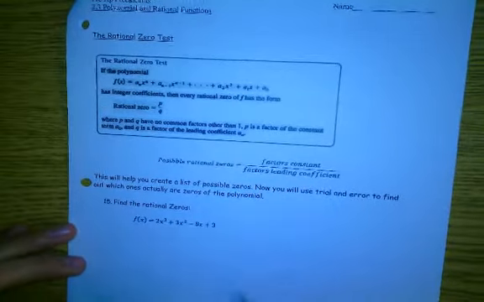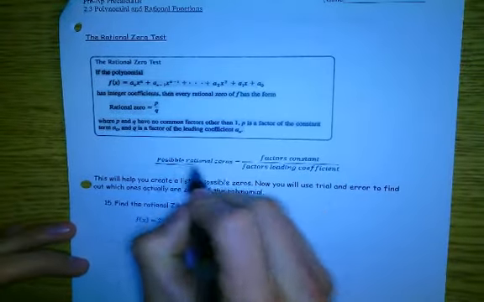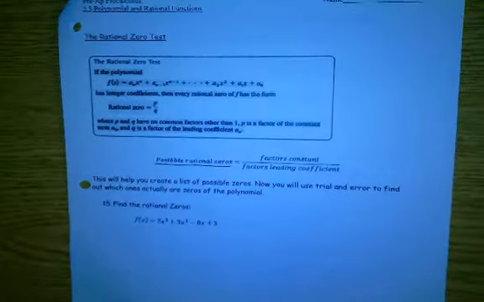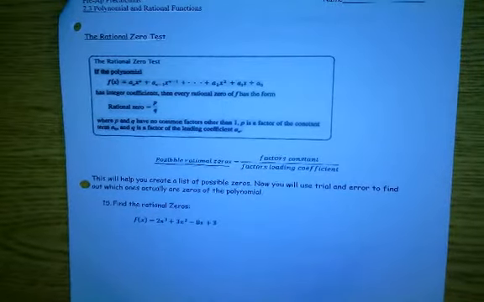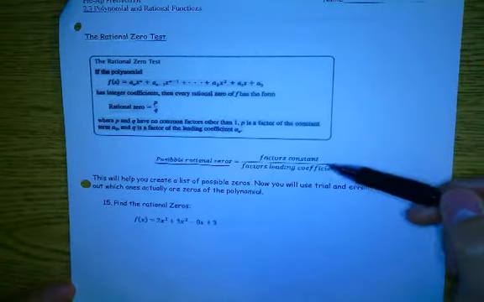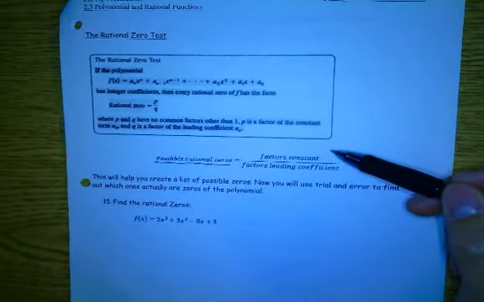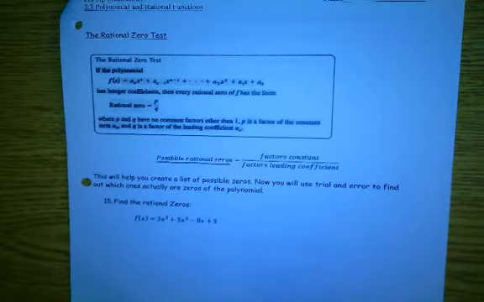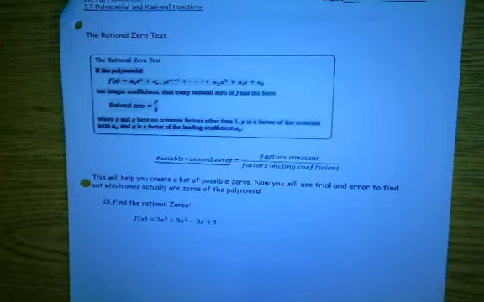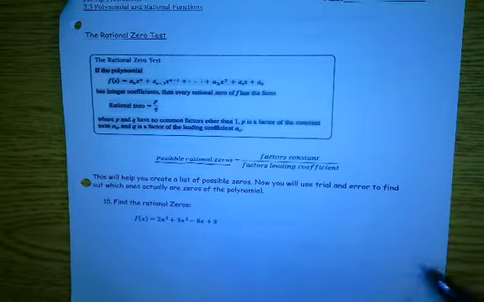Possible rational zeros is the ratio of the factors of your constant divided by the factors of your leading coefficient. That only gives you your possibilities. It does not mean that there are actual zeros. I repeat, that does not mean that there are actual zeros. So, here's how it works. If you use the rational zero test and you can find at least one factor, could you then use synthetic division to do the rest? You could.